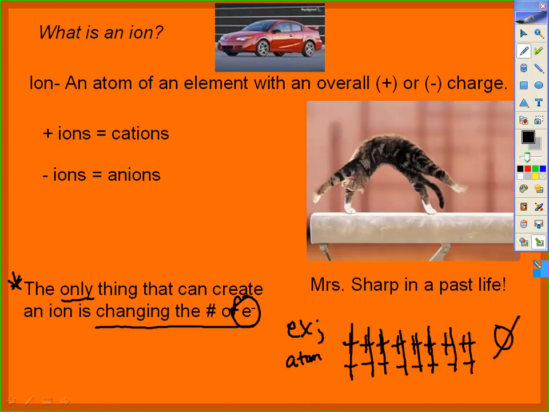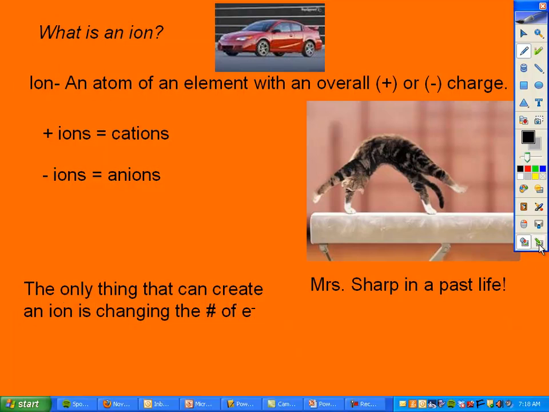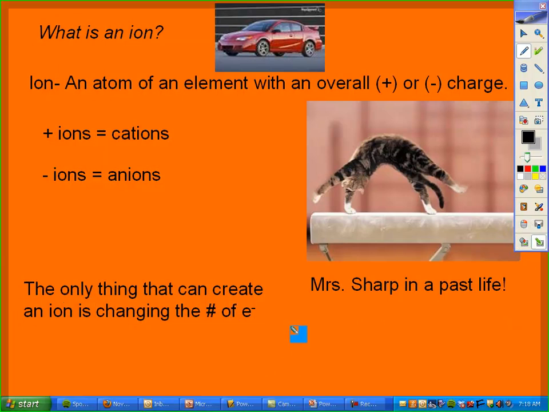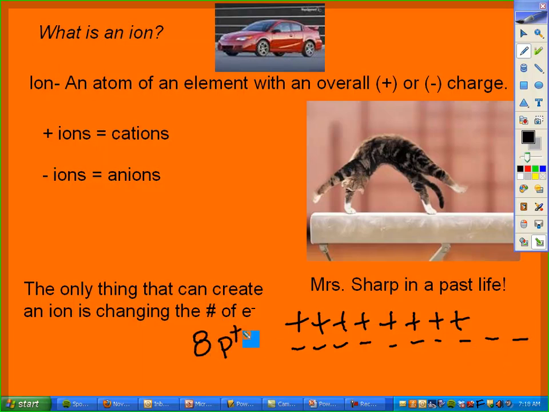1 for 1. In an ion, however, if oxygen, let's say, had 2 extra electrons, so we went from this to having not 8 but 10 electrons, 8 protons, and 10 electrons.